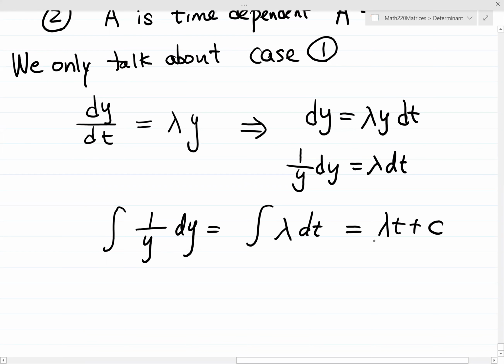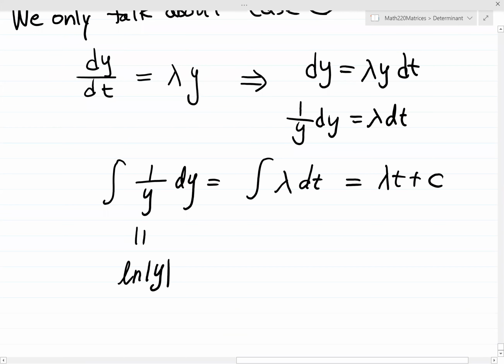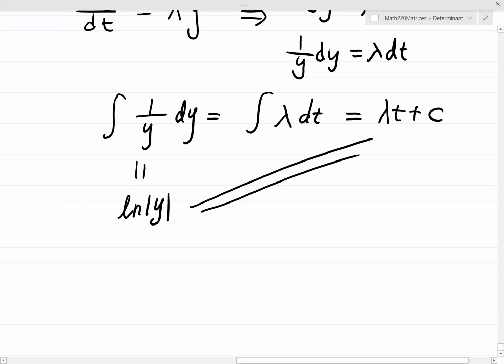On this side you get the natural log of the absolute value of y. So you take the absolute value and then apply e, so you actually have y equals y0 times e to the lambda t.